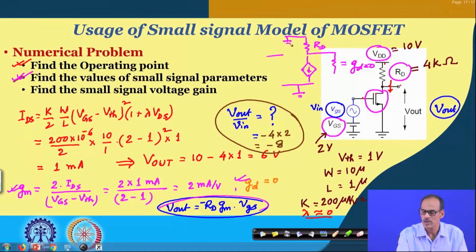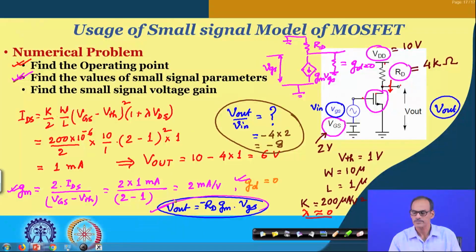This is connected to ground, and this is VGS we are applying here. The current here is GM into VGS. So, the voltage appearing at the output node is this current multiplied by this R D. So, that is why we say that V out is this one.